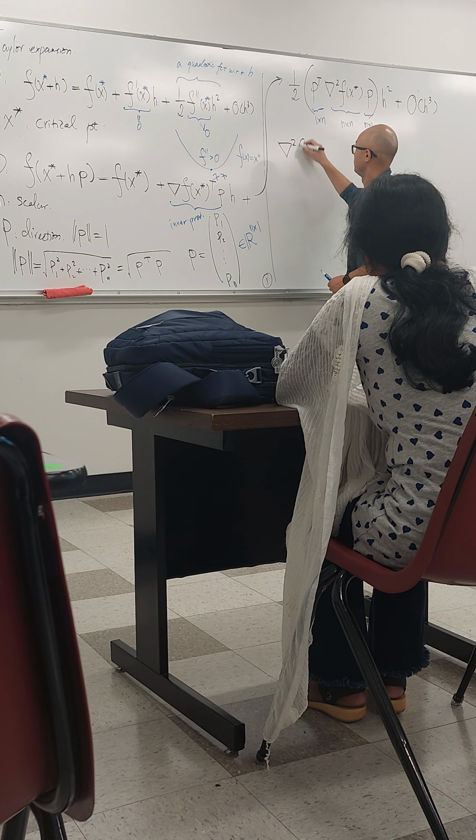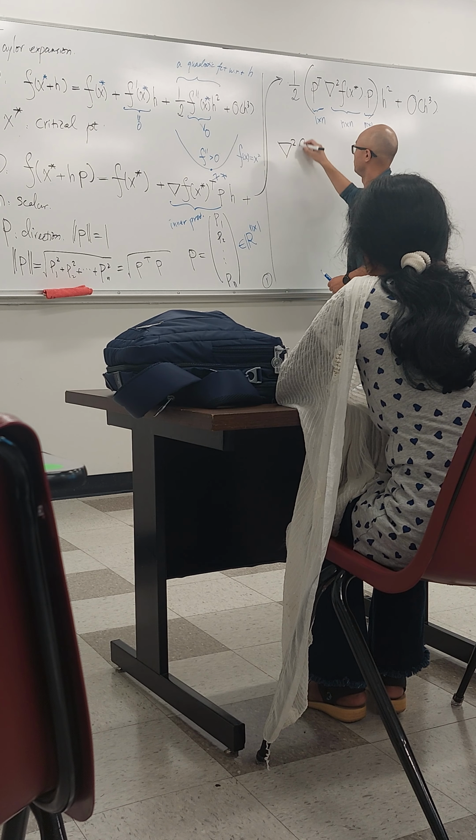Oh wait, never mind, I'm sorry. We're good. So when P1 is 0, we can divide by P2. The argument is similar. So without loss of generality, we let P1 be non-zero.